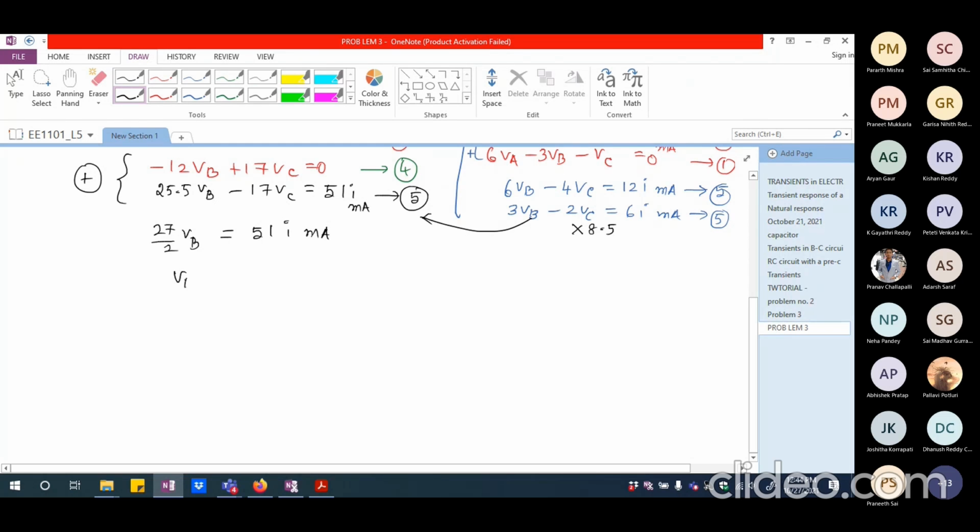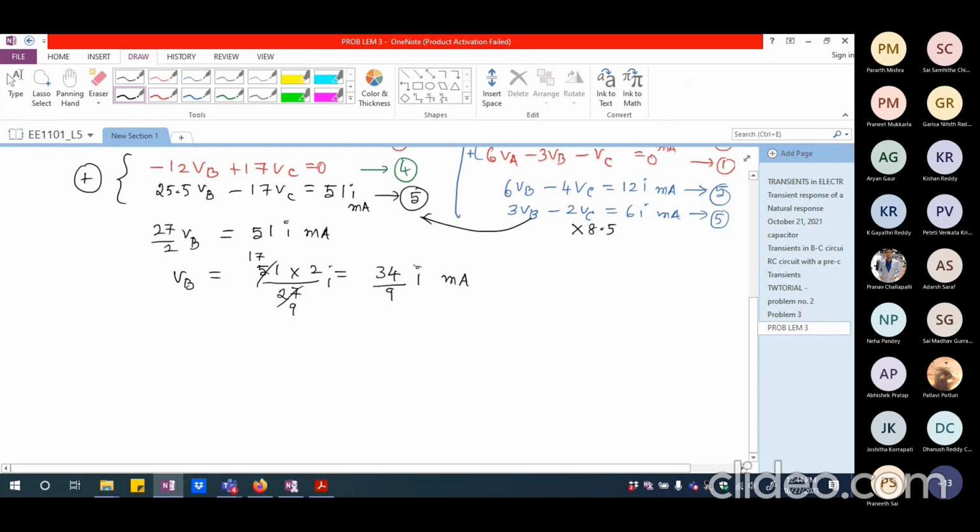So VB is going to be equal to 51 multiplied by 2 divided by 27. So I can say this is 17, this is 9 3s are 27. So I'm going to have 34 divided by 9 I milliampere.